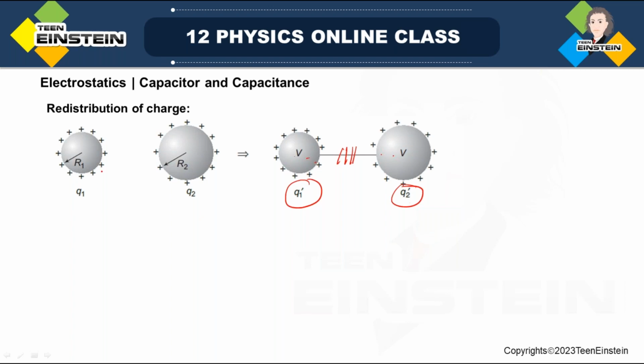See, we know these are spherical conductors. Suppose capacitance for this is C1, and for this is C2. Actually, we can write C1 by C2 is equal to R1 by R2.